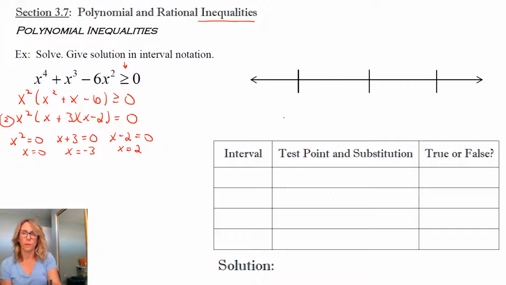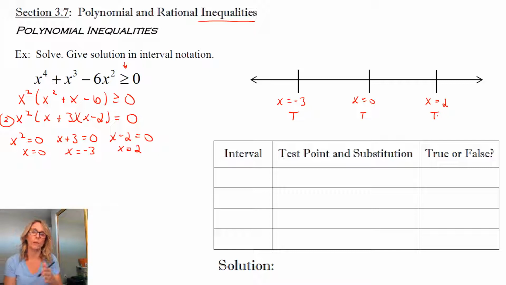They're going to be so important that I'm going to put them on a number line. And what should hopefully be pretty apparent to you is that when I plug in those values, it makes my inequality equal to 0. And since I want to know what values make the left-hand side greater than or equal to 0, these 3 values make my inequality true.